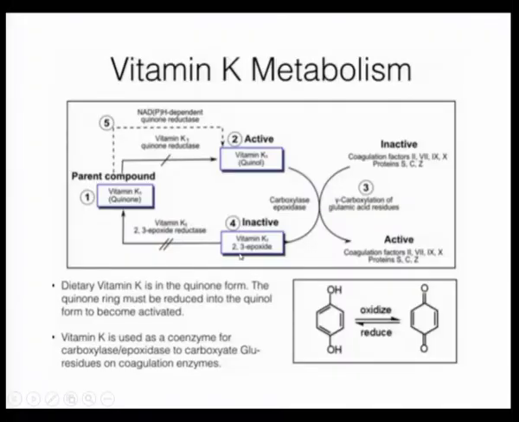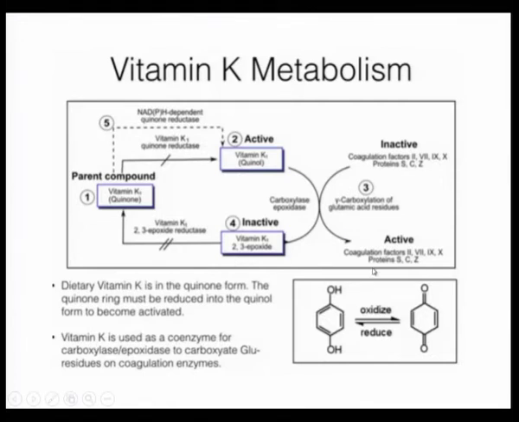Now you see, the moment the cofactor vitamin K participates in this reaction, it becomes vitamin K 2,3 epoxide. So this vitamin K 2,3 epoxide is the inactive form of vitamin K, which is the quinol form of vitamin K. Because if you consider the quinone form, the quinone gets converted to quinol, and the quinol results in the vitamin K 2,3 epoxide.